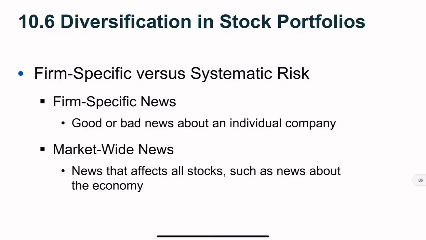So there are two types of news which could affect stock price. The first is firm-specific. The second is market-wide. It's very easy to understand, right? If it's firm-specific, it basically means this news is just about an individual firm. And if it's market-wide news, it means that this news affects all stocks.